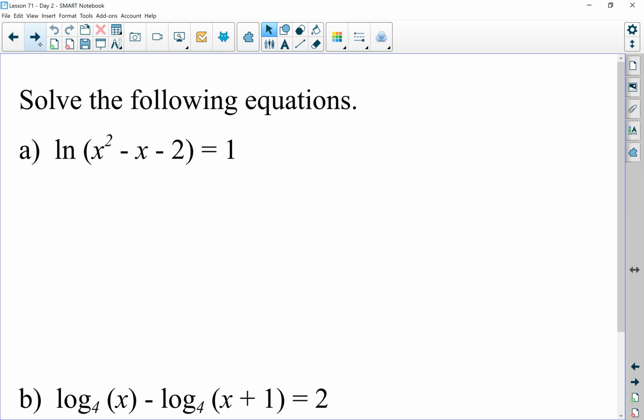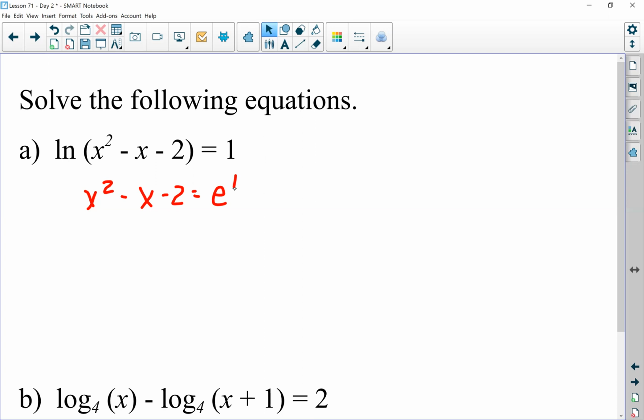So if you have an ln in there, you'll leave it as an ln. You'll see, we'll get there. So this one, remember, ln is log base e. So this means that x squared minus x minus 2 would equal e to the first power. They call it kind of that swoosh.